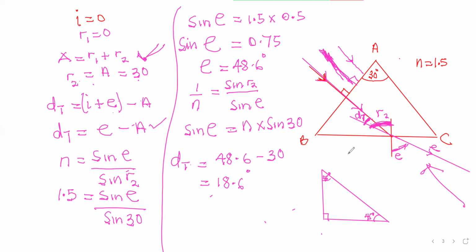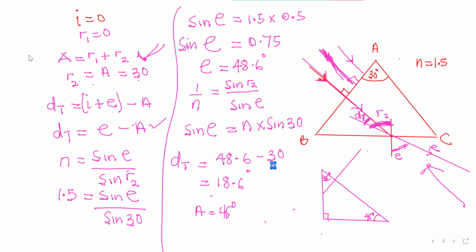So under this question, A is 45. A is equal to 45 degrees. Then the light travels perpendicular to the plane to this side, so it makes an angle of 90 to this side of the prism.